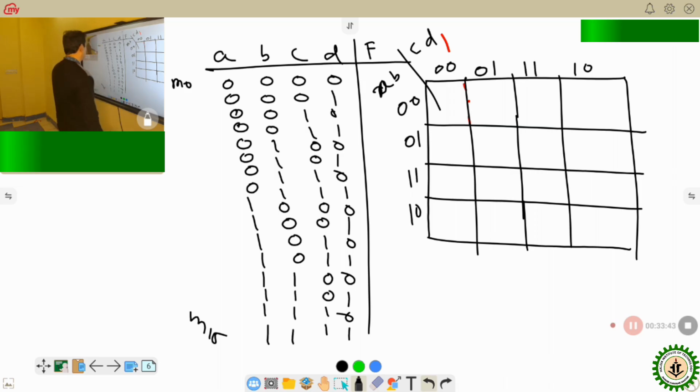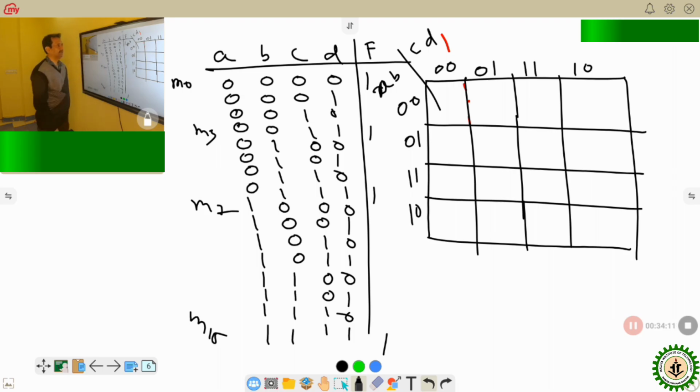Now, suppose this is the possible combination and the output is, for example, this position is 1 and this position is 1, and suppose this position is 1 and this position is 1. What is the meaning of that? M0 position is 1. This is M0. M1, M2, M3 positions are 1. And M4, M5, M6, M7 are suppose 1, and M15 is suppose 1.